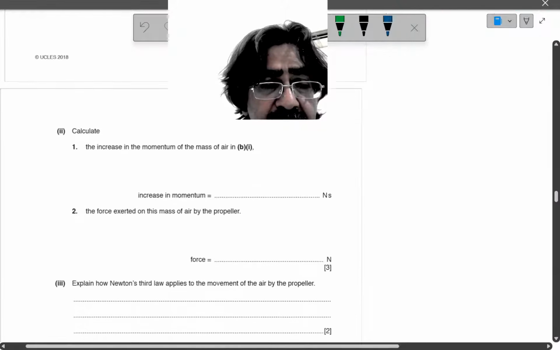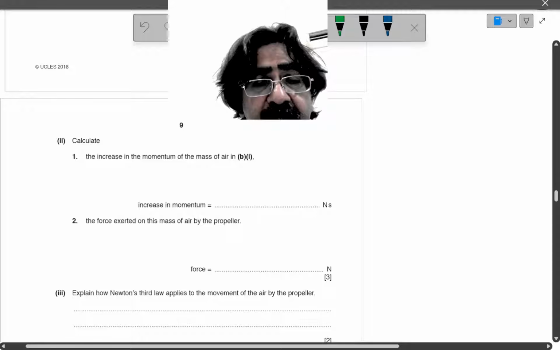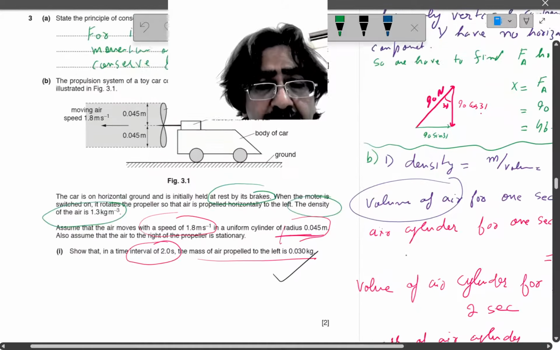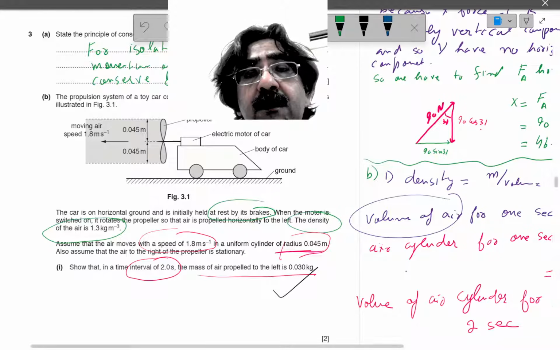The second is to calculate the increase in momentum of air in B1. We have calculated the mass.